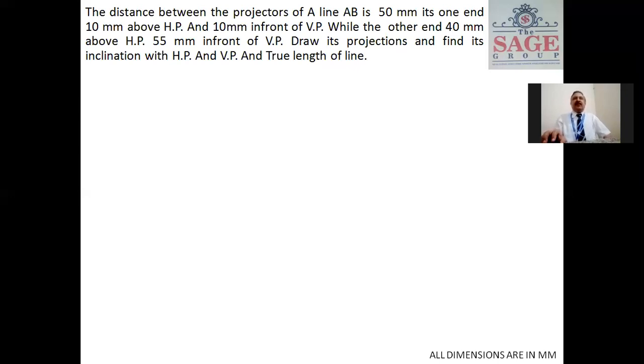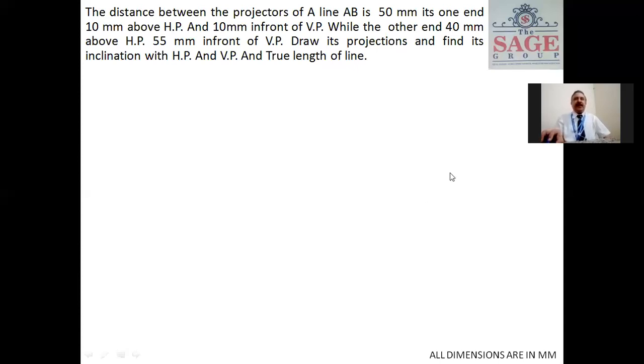Now we have to draw the projection and also find the true length and inclination from HP and VP. In the last problem, true length, theta and phi were given, and in this problem they are to be found. So this is the difference between these two problems.